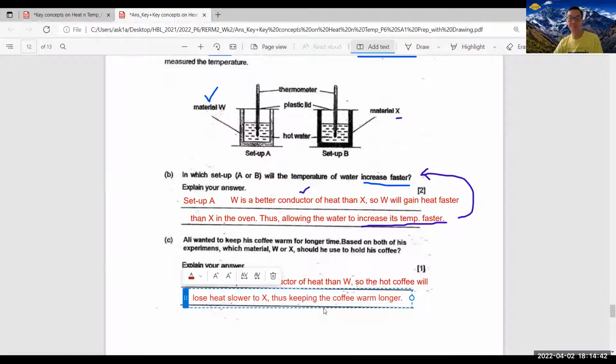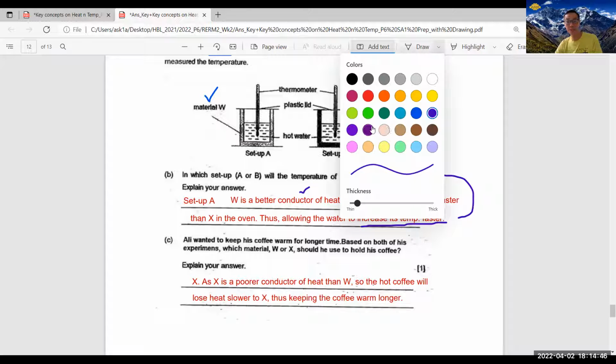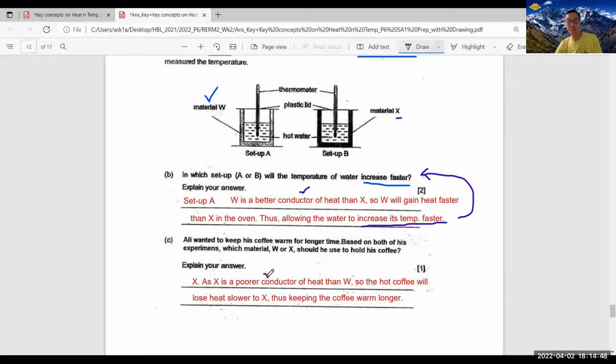Okay, this part. So again, you must indicate that X is a poorer conductor of heat than W, so the coffee will lose heat slower to X, thus keeping the coffee warm longer.